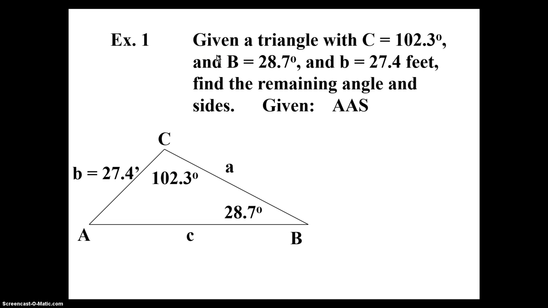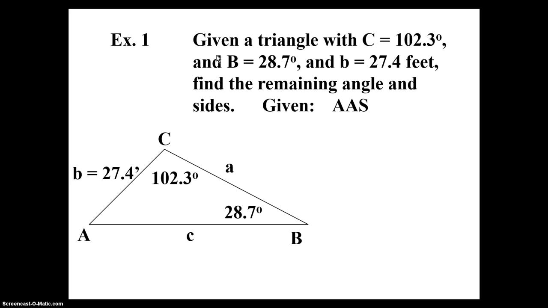Okay, so let's start off with an example. It says, given a triangle with angle C equal to 102.3 degrees, angle B equal to 28.7 degrees, and side b equal to 27.4 feet, find the remaining angle and sides.